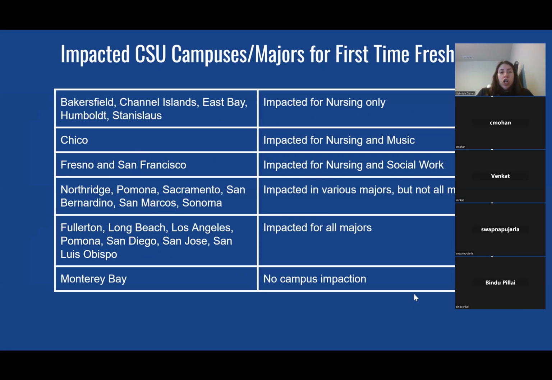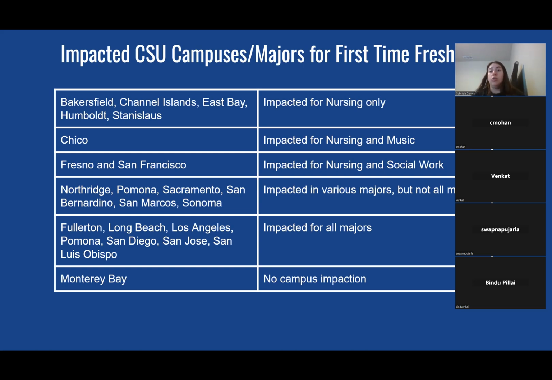This is a little chart that has to do with impacted majors for first-time freshmen. It'll be a little bit different if you transfer, but in terms of first-time freshmen, Bakersfield, Channel Islands, East Bay, Humboldt, and Stanislaus are impacted for nursing only.